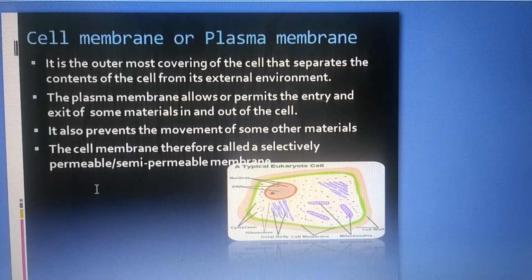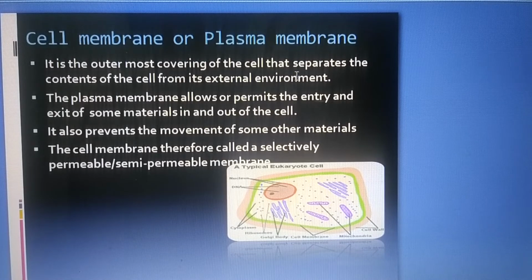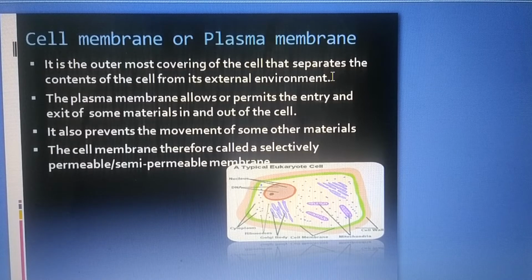When you see the cell, you can find the outermost covering of the cell that separates the contents of the cell from its external environment. For example, when you see a room, how do we say that it is a room? Because there is a wall which is separating it from its outer environment.